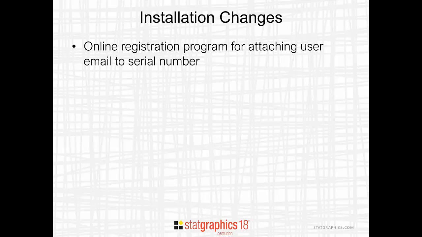What the online registration program is, it's a website where you register your email with a username and password, and then attach a particular serial number to your email. It makes it easy for you to go in and see the status of your serial numbers, your site licenses, your trial versions, whatever it might be.